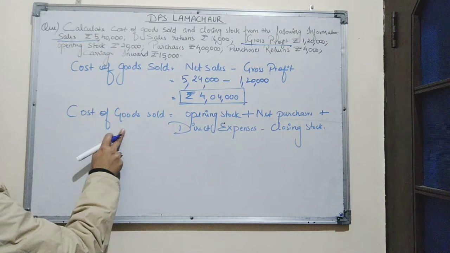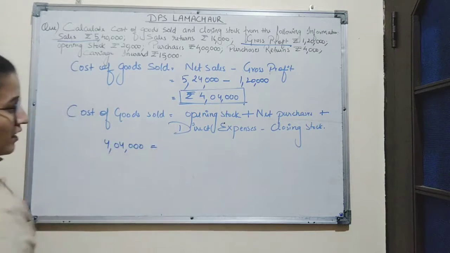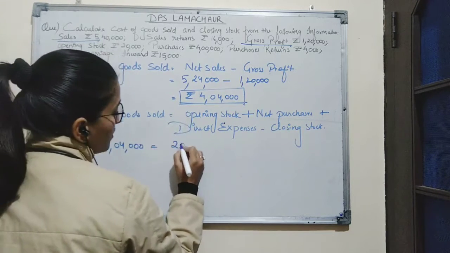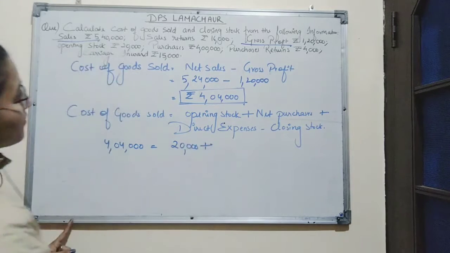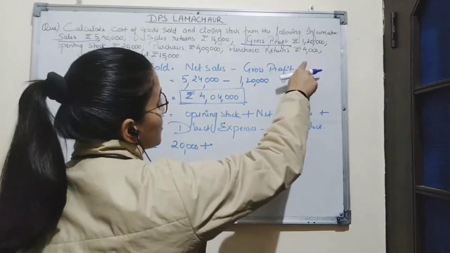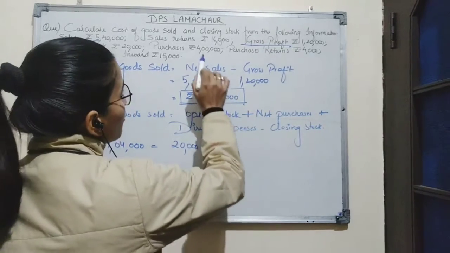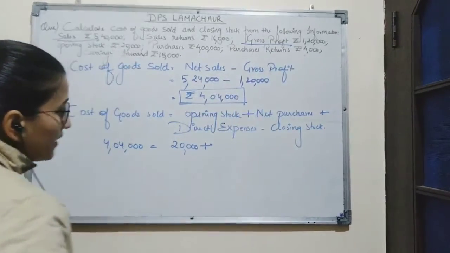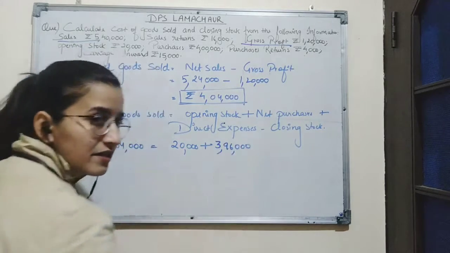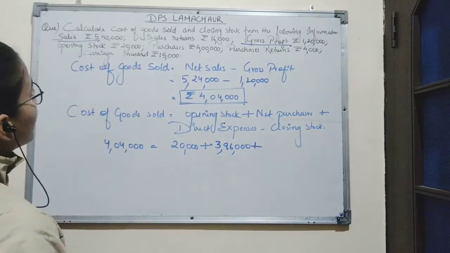Cost of goods sold has been calculated. Amount of cost of goods sold is 4,04,000 is equal to amount of opening stock is rupees 20,000 plus net purchases will be calculated by deducting purchases returned from total amount of purchases. So here 4 lakh minus 4,000 will be 3,96,000. Then direct expenses.